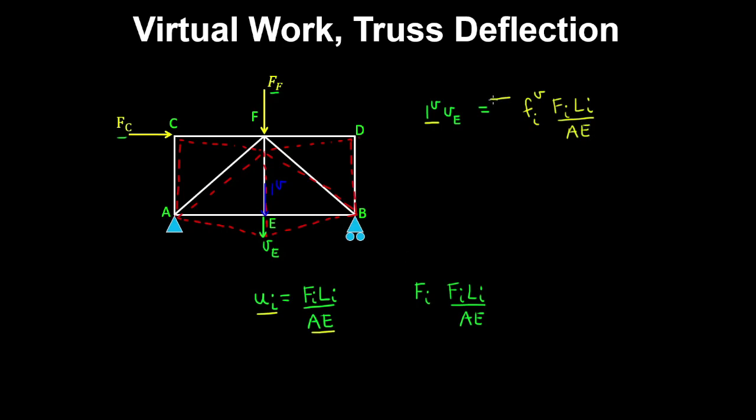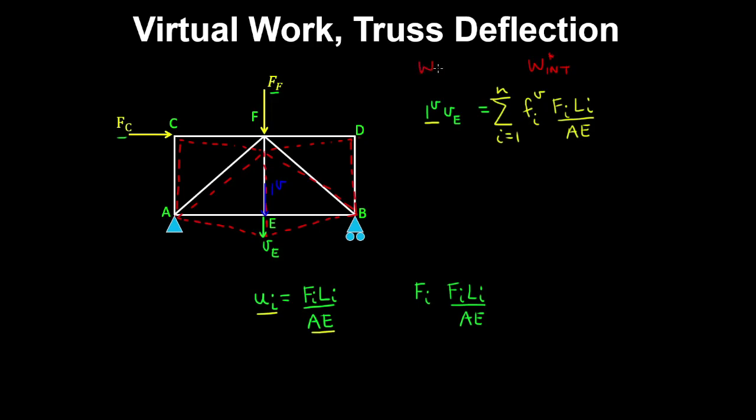And then summing this over all the truss members, so i equals 1 to the number of members, gives us the total internal virtual work due to the deformation of the truss members.